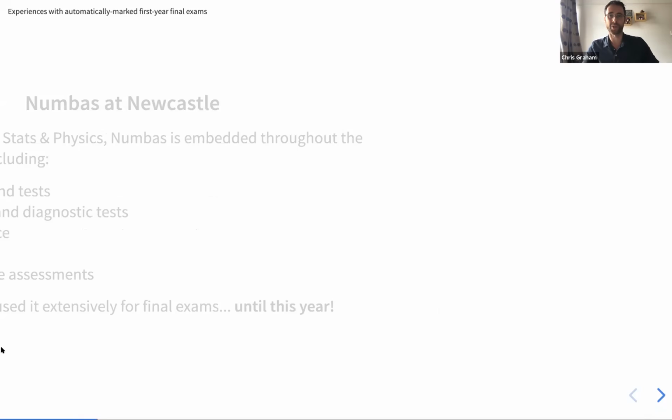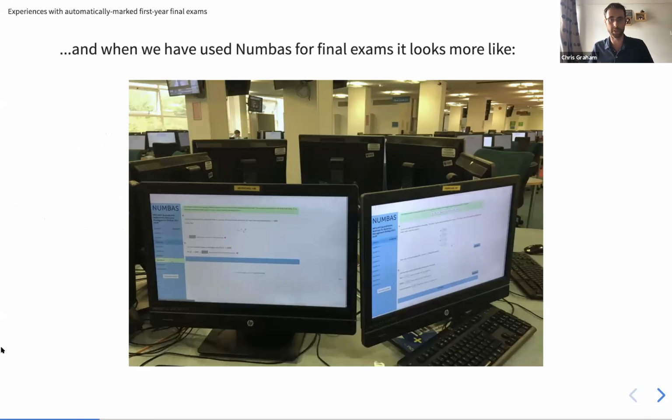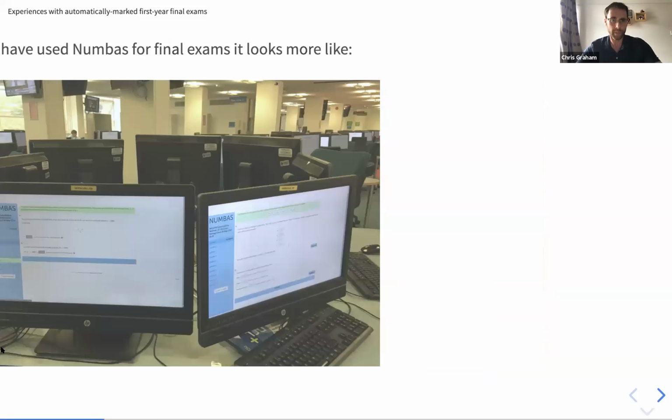Where we had used Numbas for high stakes final exams, it looked very different. They would typically be situated in our university computer clusters, use a lockdown browser, and be invigilated. So this was very different, and posed some interesting challenges.